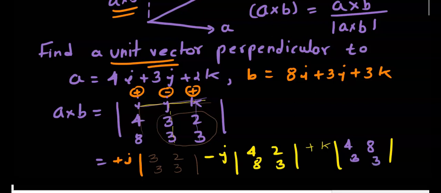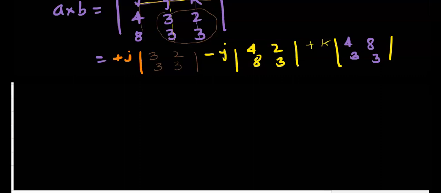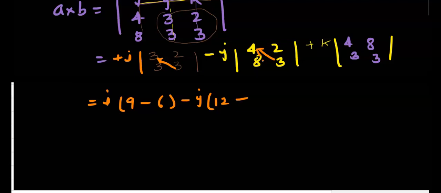Okay, now we will solve it. So it is i and we multiply like this first. 3 times 3 is 9, then minus sign, and 3 times 2 is 6. Then this is minus j, again same thing, 3 times 4 is 12, then minus 8 times 2 is 16.